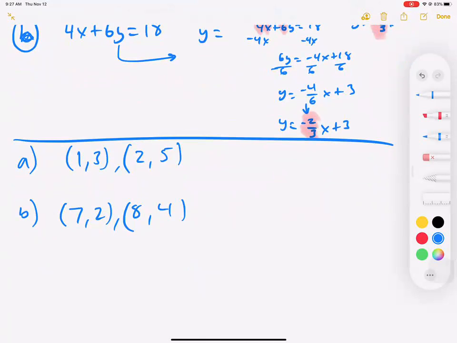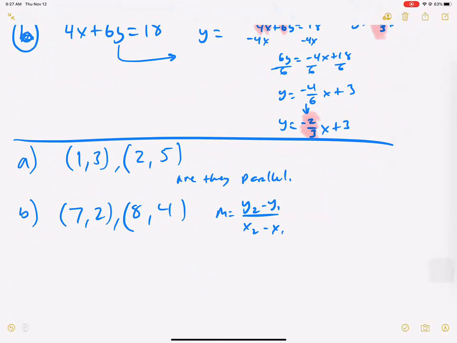We have an equation for points to find slope. Remember, the only thing I care about is slope. Are they parallel? We have our equation, m is equal to y2 minus y1 over x2 minus x1. That's my slope equation. We're going to do this twice, once for each of these two lines. Let's do it on the right. x1, y1, x2, y2: 5 minus 3 over 2 minus 1.